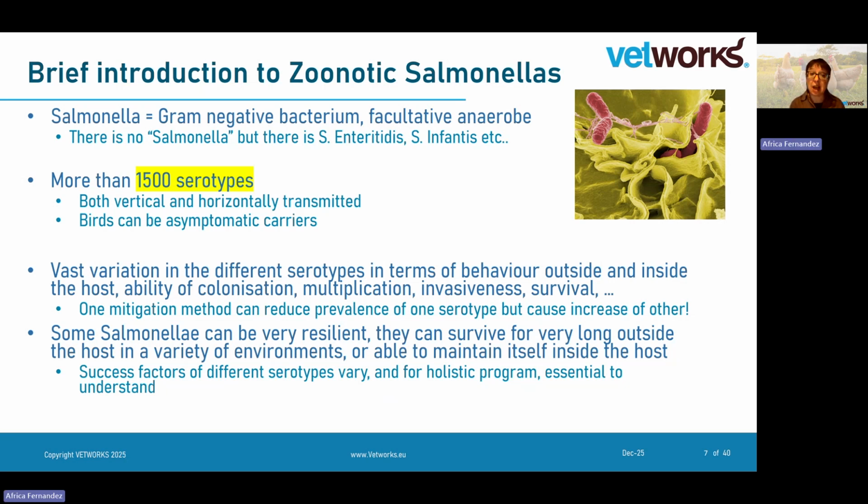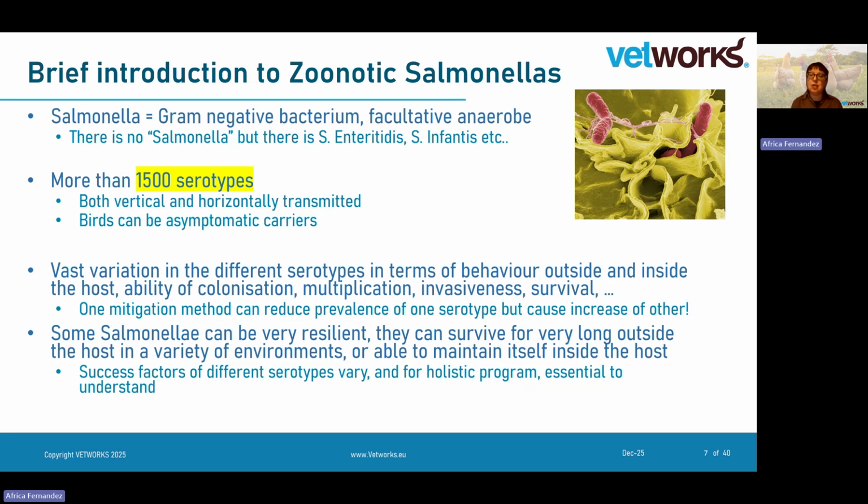There is a vast variation in the behavior of all these different serotypes, how they survive in the environment, for how long, and the harsh environments that they can survive in.